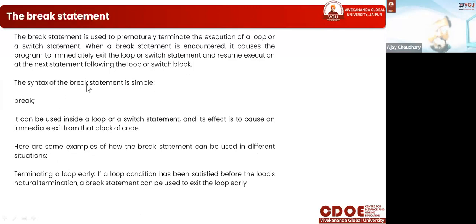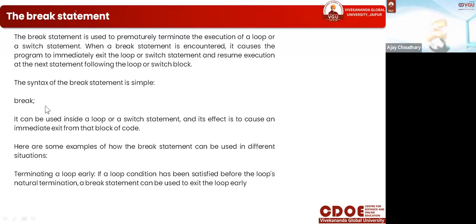We use the break keyword in that. The break statement is used to permanently exit. Whenever we write the break keyword with a semicolon, it means we will exit from that part.